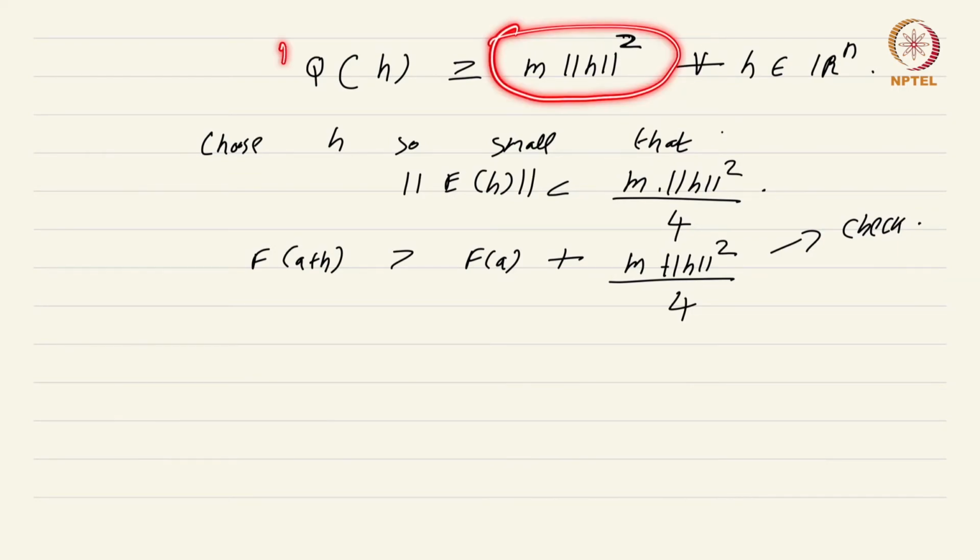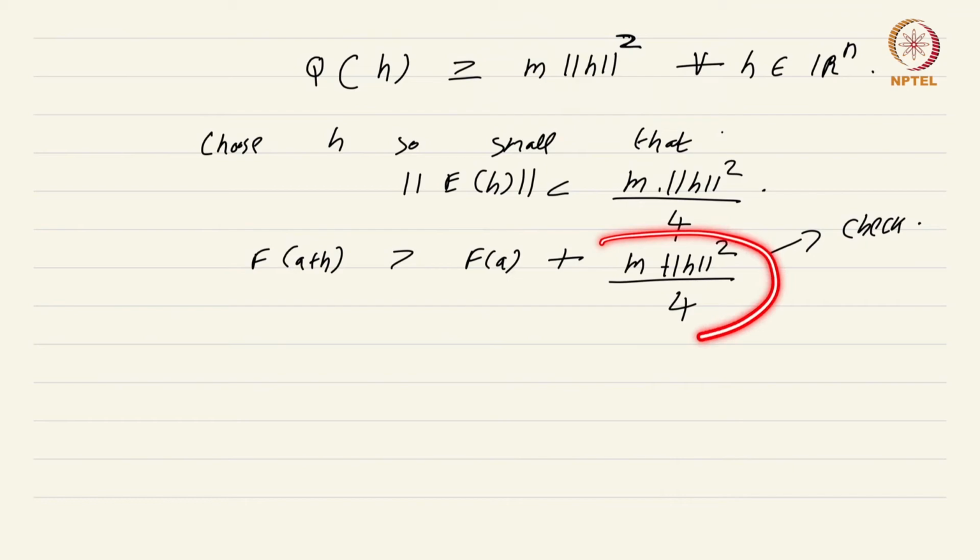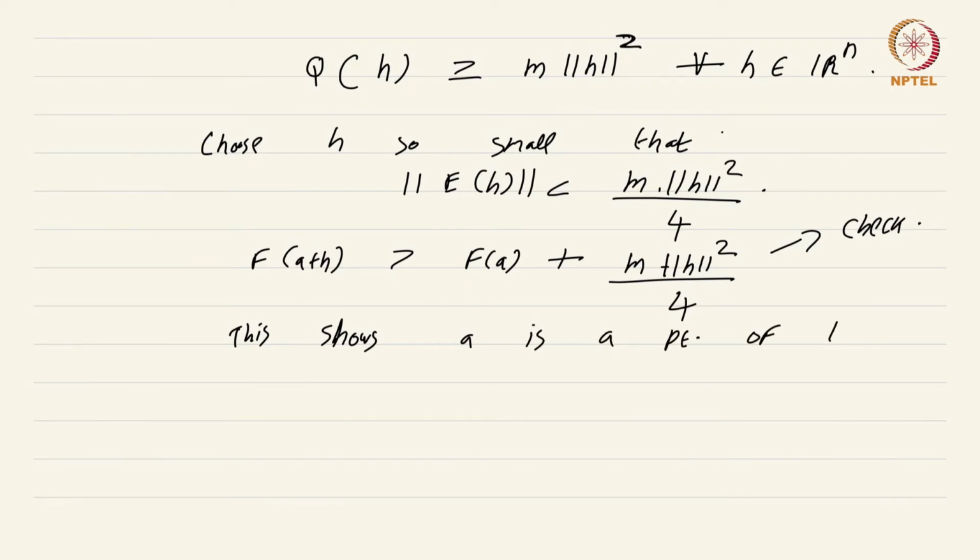There is a half Q of h, so there will be a by 2 here, and I'm just going to combine this E of h term with this m norm h squared by 2 term and see that it's got to be at least m norm h squared by 4. Okay, so this shows a is a point of local minimum.